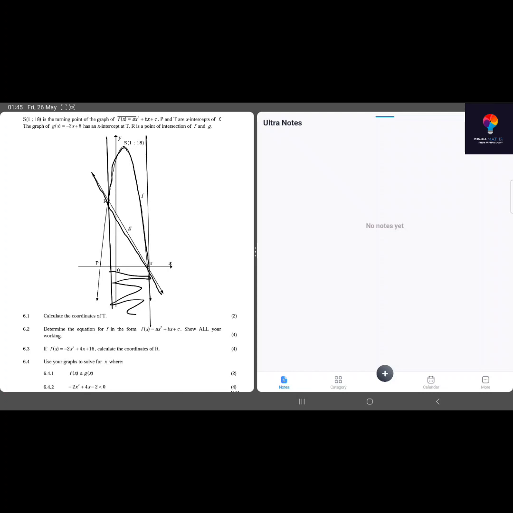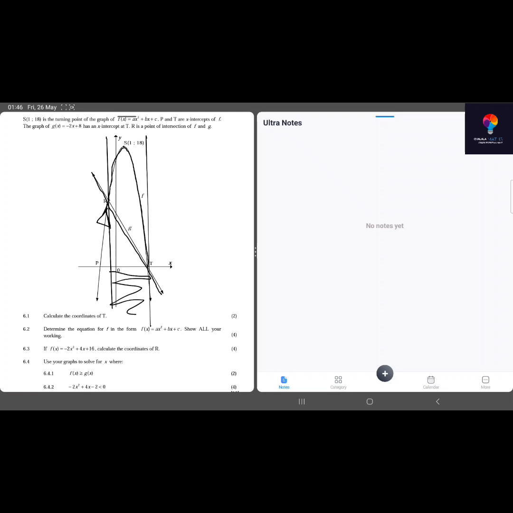We know R and T, most especially R, are points of intersection of both graphs, meaning that at the point R, from below the point R, that's where the straight line is going to be above the f or the parabola.